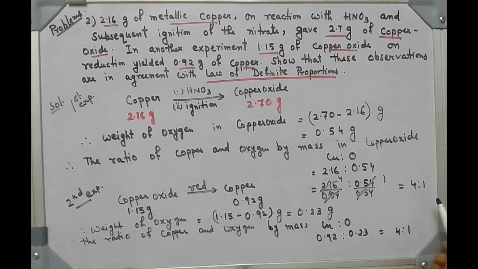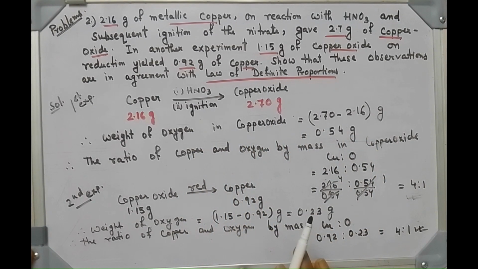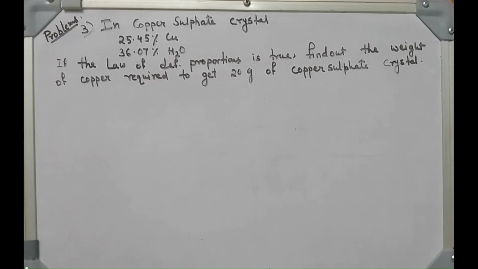So in the first experiment, the ratio of copper and oxygen by mass is 4:1, and here also the same thing, you are getting 4:1. Therefore, these observations are in agreement with the law of definite proportions. Clear? Now problem number 3.